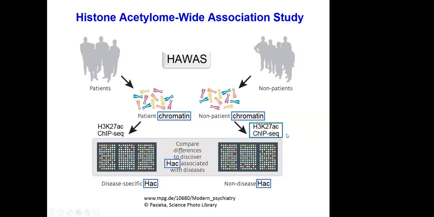And histone acetylation is interesting. It points to gene regulation, so it's complementary, you can say, to DNA methylation. So why histone acetylation, and specifically why H3K27 acetylation? Because there are many histone acetylations you can look at.